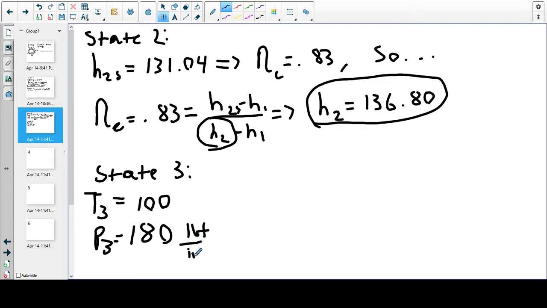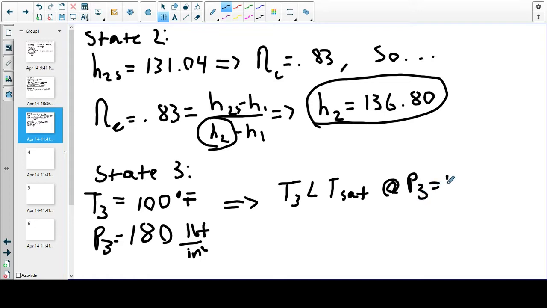At the beginning they gave us pressure 3 and pressure 1, but we know that those two are equal across the heat exchangers because we assume no pressure loss inside of them. We have to find where this lies once again on the TS diagram, and if you go to the pressure table and look at the saturation temperature, you will see that T3 is less than Tsat, which means it is a subcooled liquid.